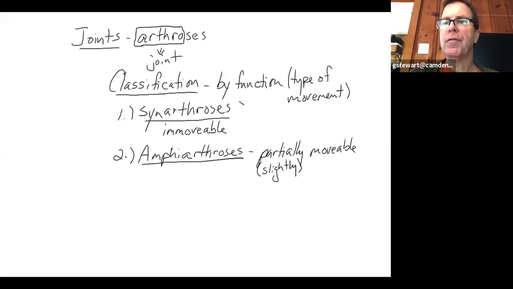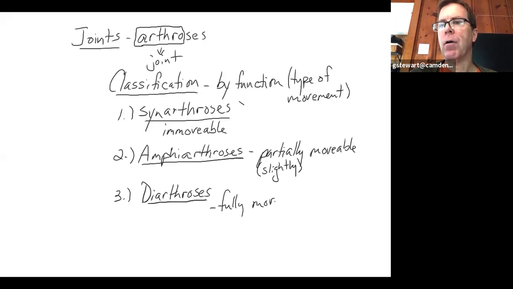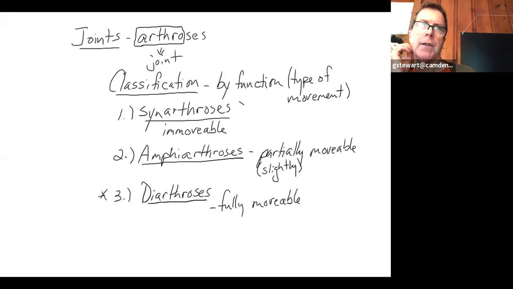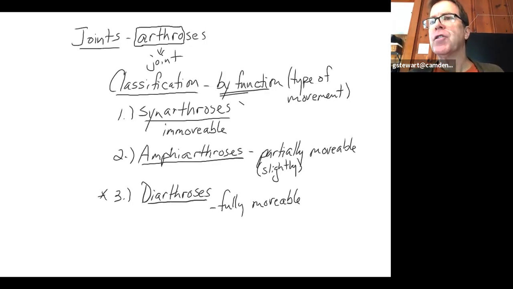And finally, number 3, diarthroses are fully movable. We have all three of these all over the body. We usually think of these when we think of a joint because they're the easy ones and they're the most visible from the outside of the body. So those are the three classifications by function or the type of movement.